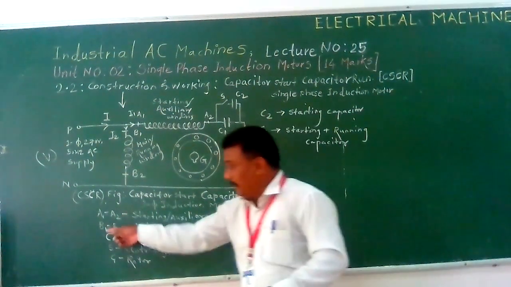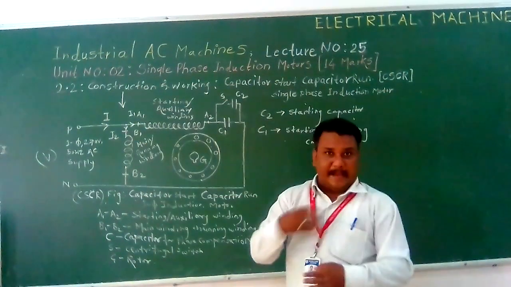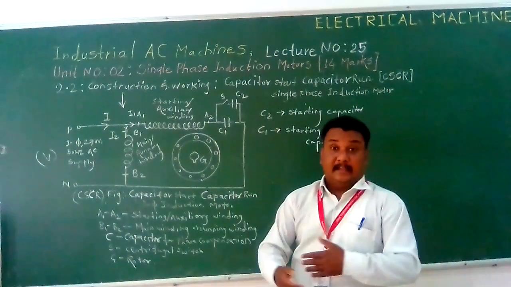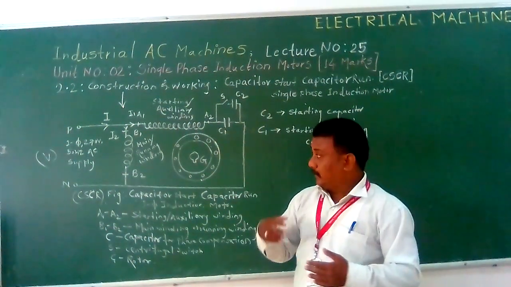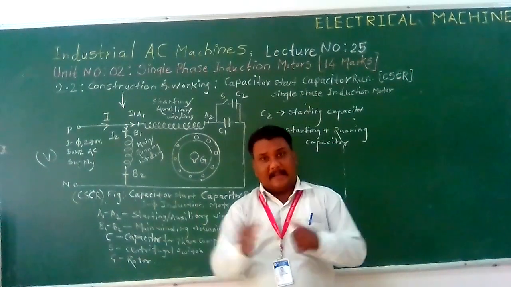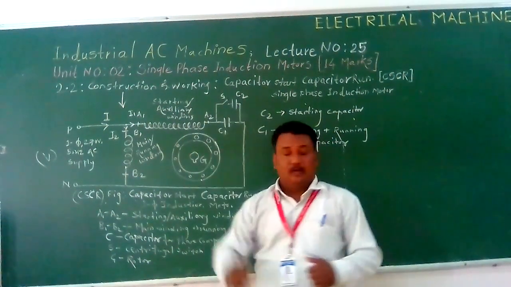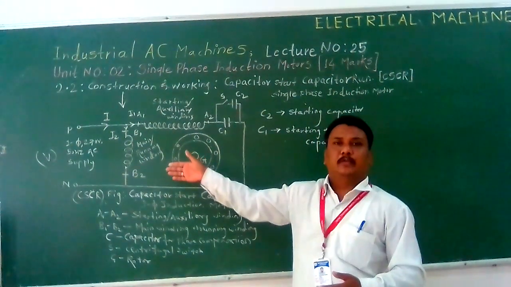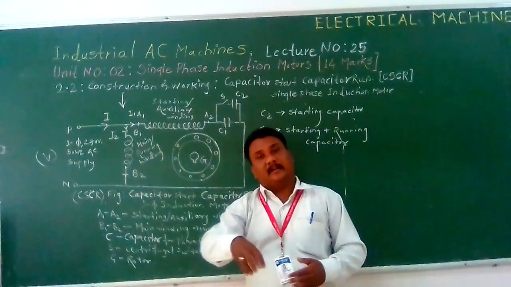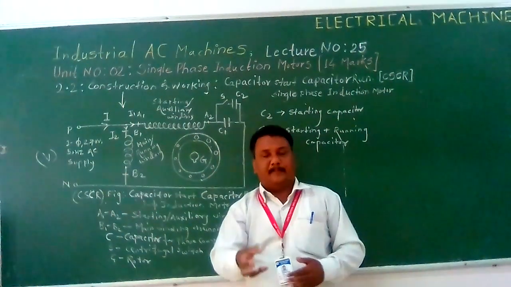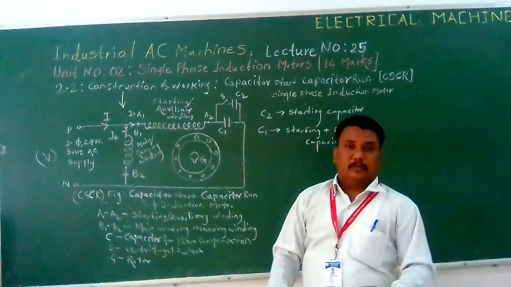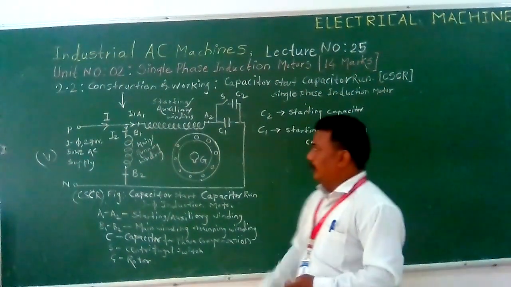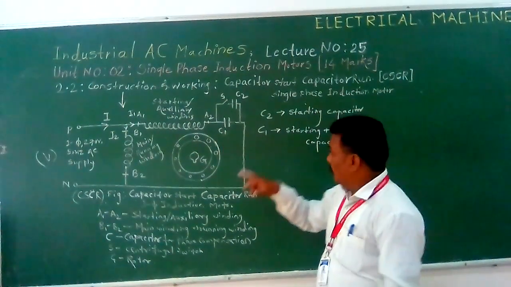Now B1, B2 is the main winding or running winding. It is highly inductive, meaning its resistance is very low. Its length is very small compared to the starting winding, its number of turns is very few, and its area of cross section is very high compared to the starting winding, according to the principle of resistivity.